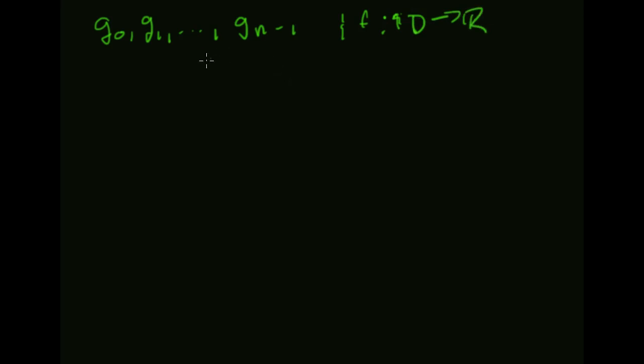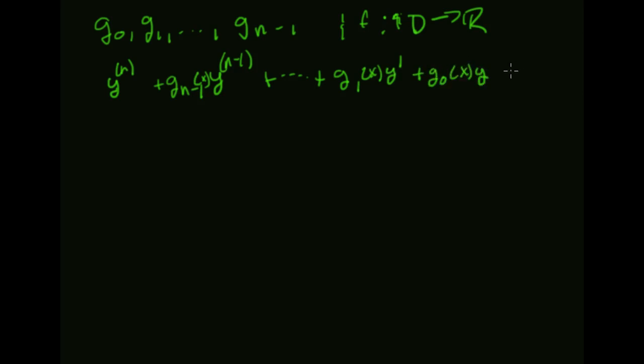Then I have an equation where I have the nth derivative of y plus g sub n-1 of x times the (n-1)th derivative of y, out to g sub 1 of x times y prime plus g sub 0 of x times y is equal to f of x.